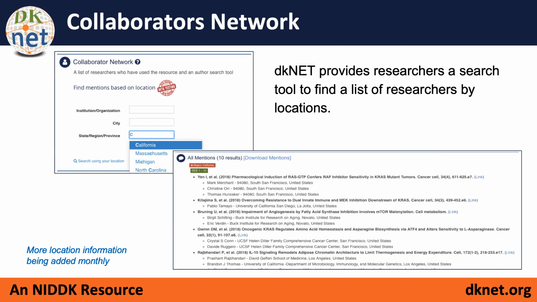And again, this is one of the newer areas of the portal, and so we're continually adding more location information. So this information will also be built out over the coming months as we increase the number of locations we're extracting from the literature.